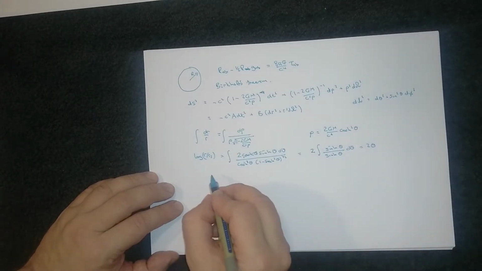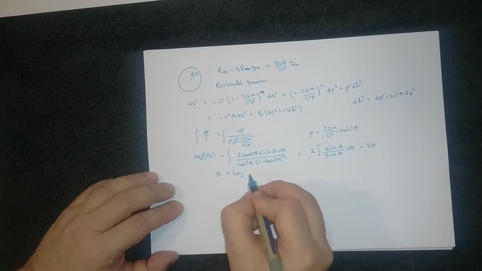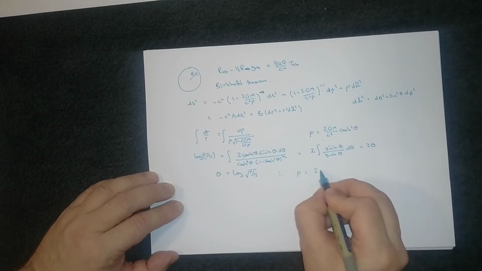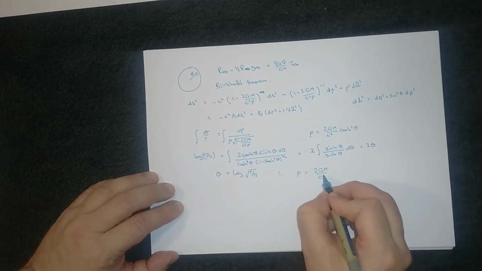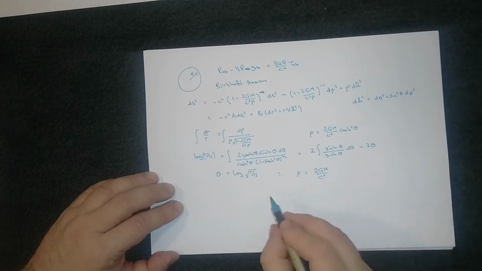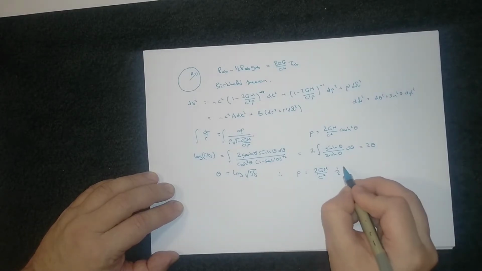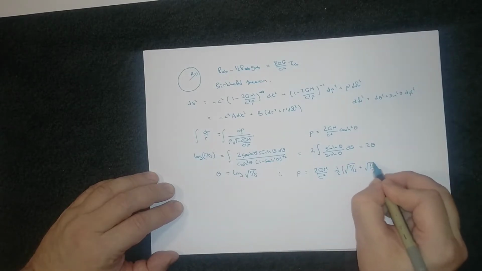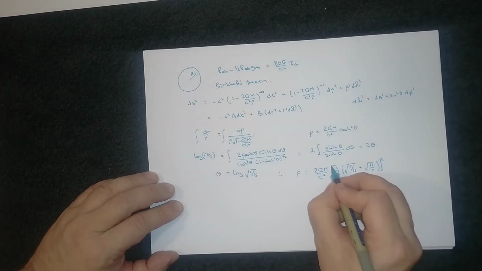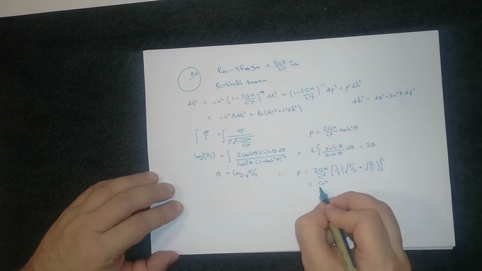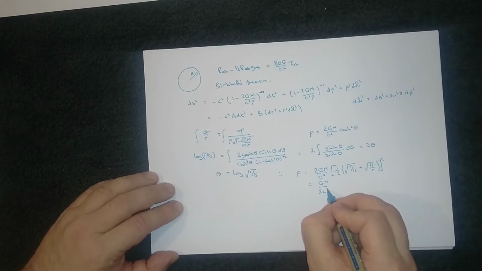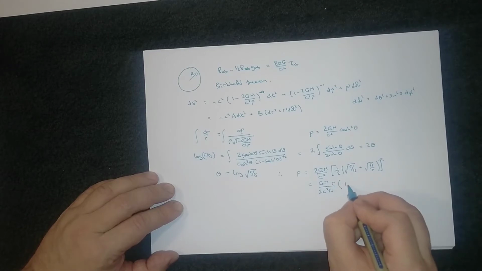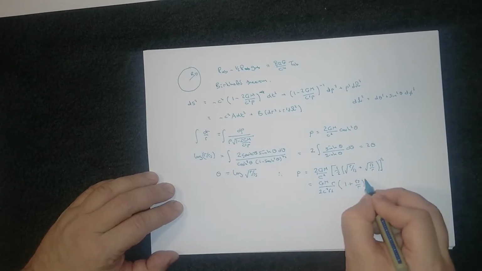So we know that theta is the logarithm of root r over r_s, and therefore rho is 2GM over c squared, a half into (root r over r_s plus root r_s over r) all squared, which is GM over 2c squared r_s r into (1 plus r_s over r) all squared.